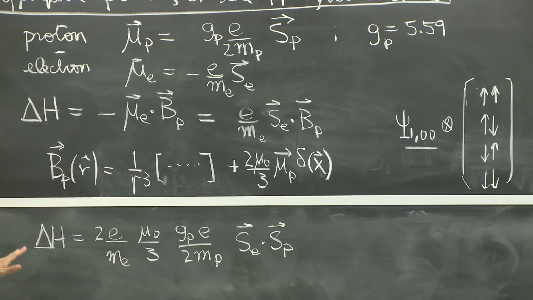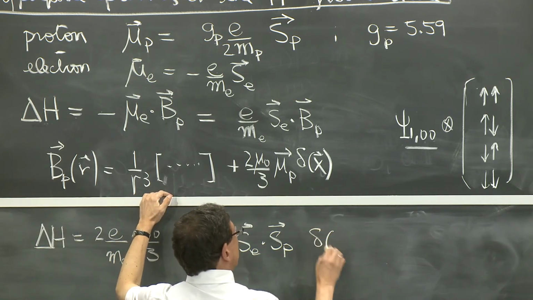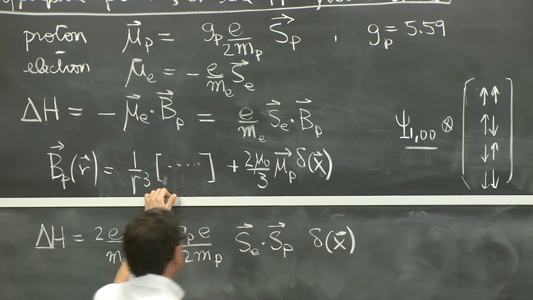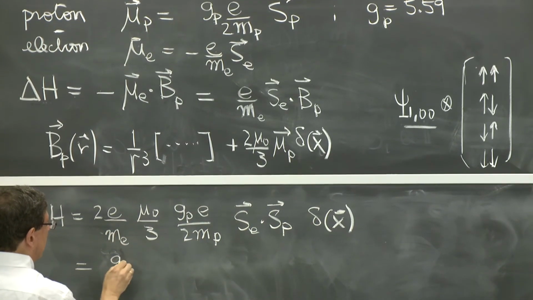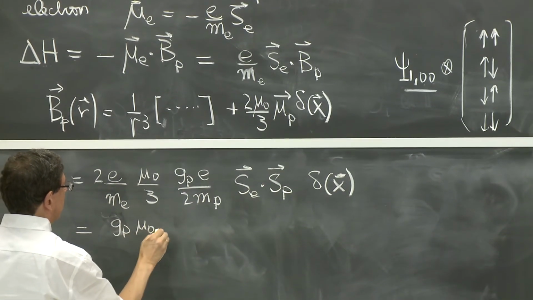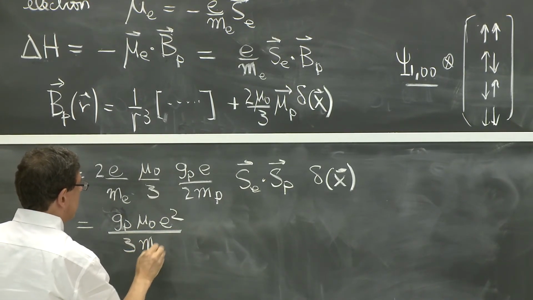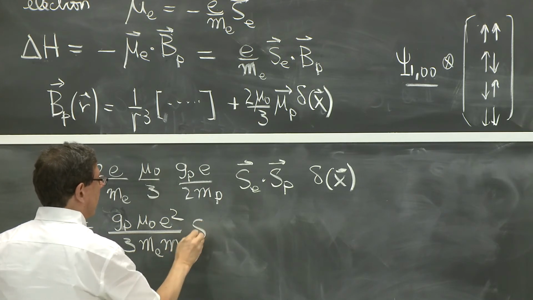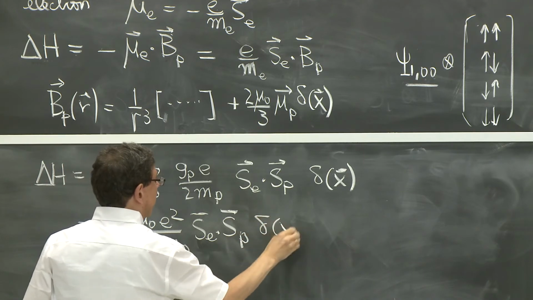So I just substituted here and ignored this term, and you would have the delta of x. So this is the only part that is going to contribute. The 2's cancel, and I can clean this up a little bit: gp mu 0 e squared over 3 me mp SE dot SP delta of x.